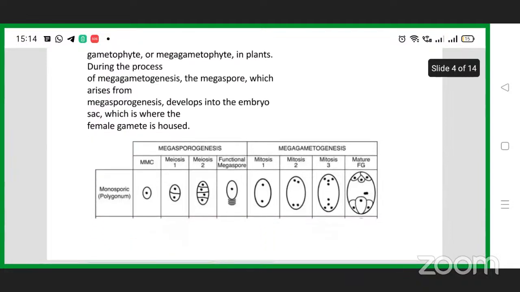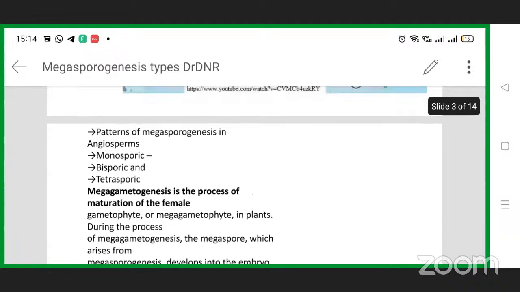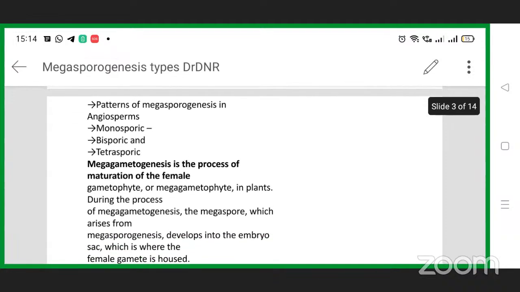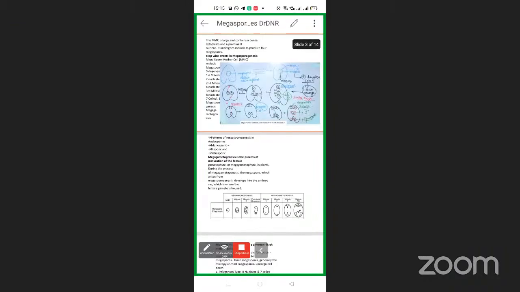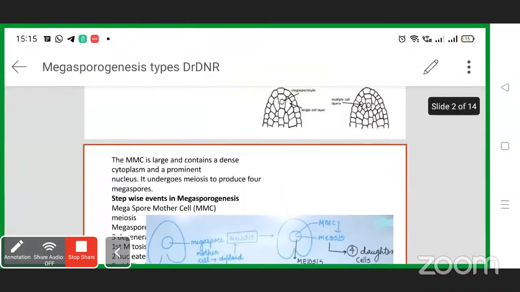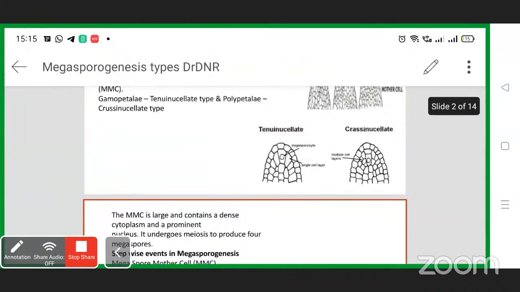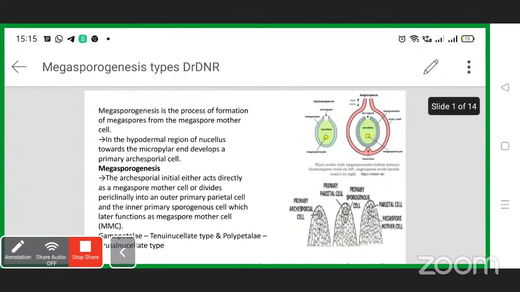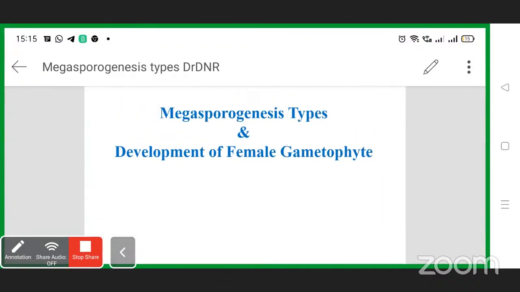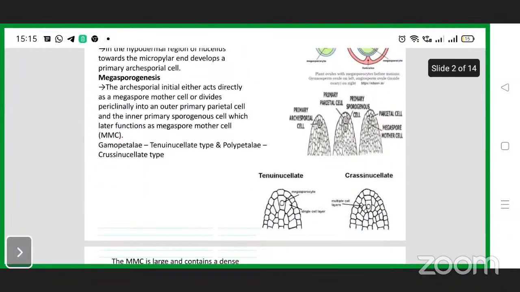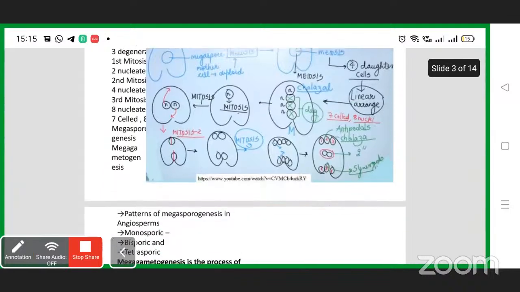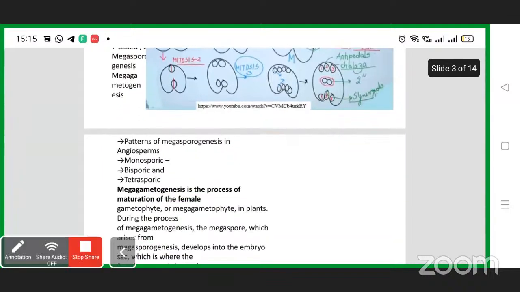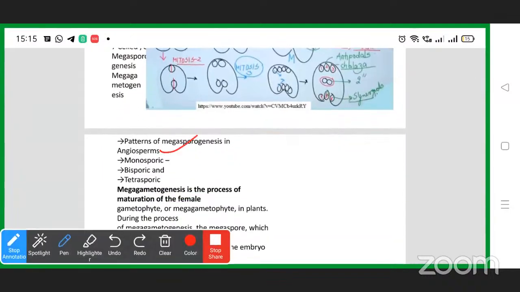That is monosporic, bisporic, and tetrasporic. What are those 3 types? Monosporic, bisporic, and tetrasporic. After the meiosis, if only 1 megaspore takes part in the formation of the embryo sac, that is monosporic.